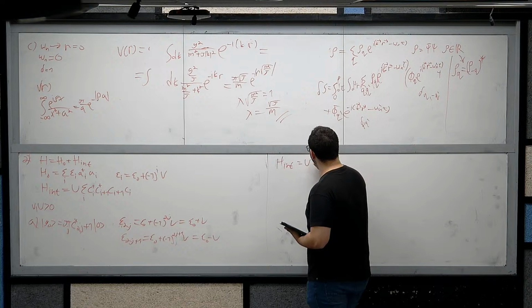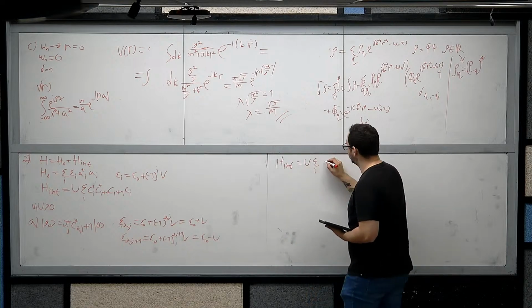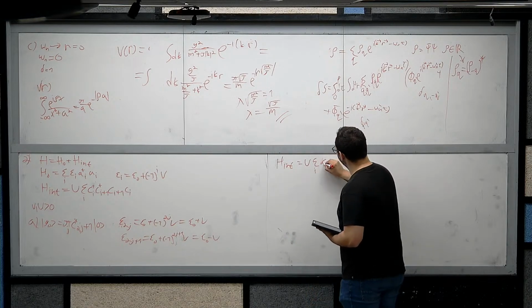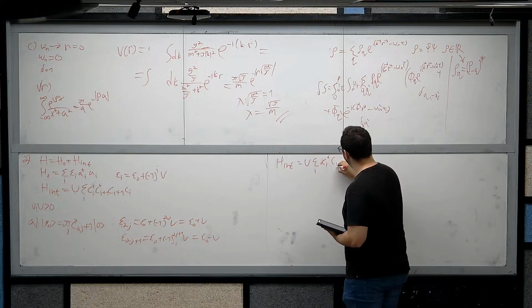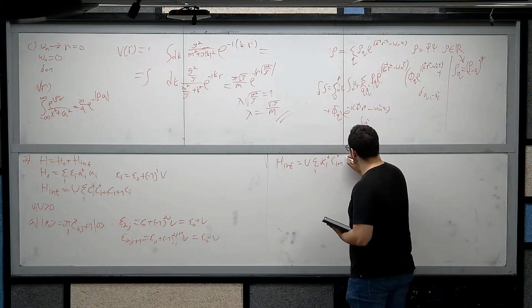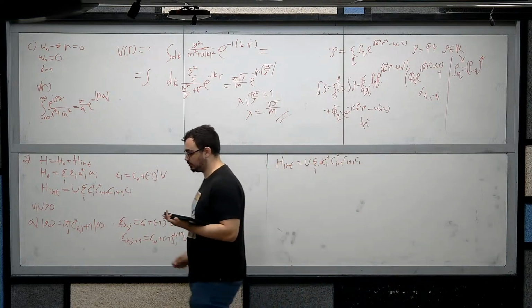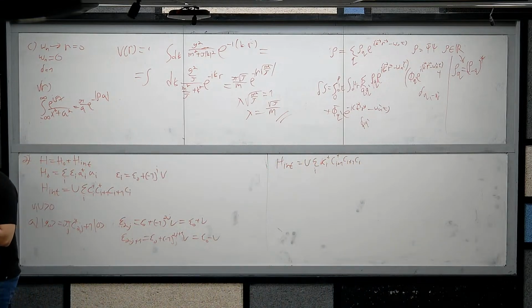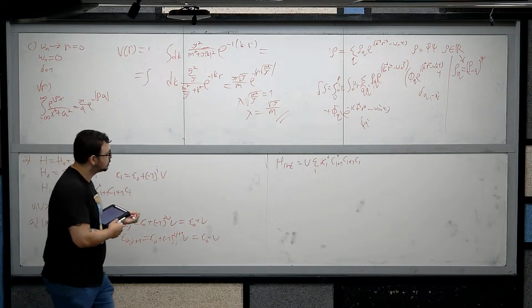That was U sum over I, Ci dagger Ci. Just take 2 colors, blue and green.